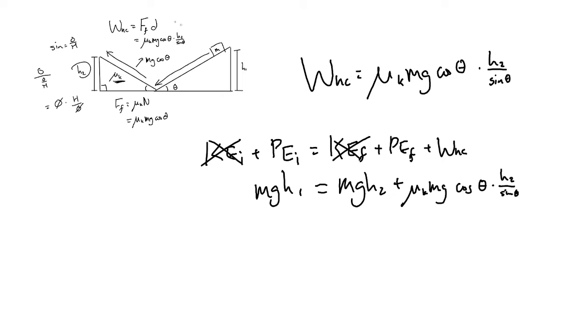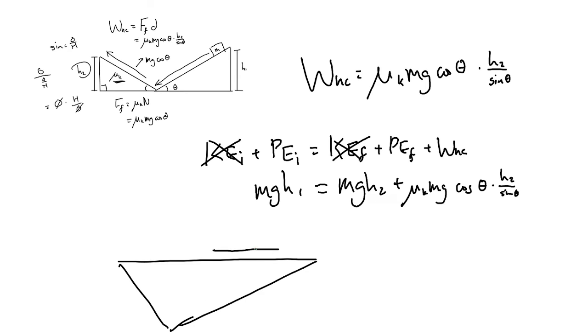The reason there's no additional cosine theta here, if you want the explanation, is that even though we're moving at an angle, if we rotate this triangle in this direction, our force is in this direction as our block moves up the ramp. The force is parallel to the direction of motion.